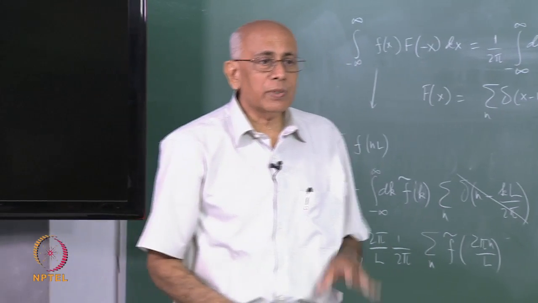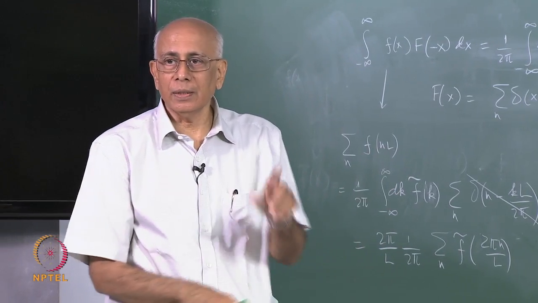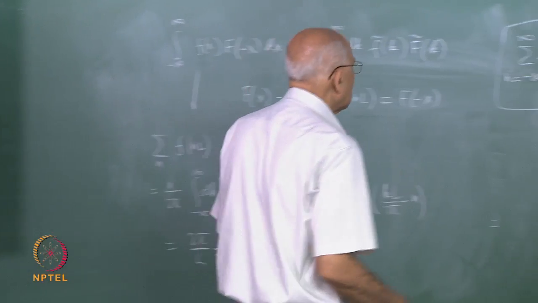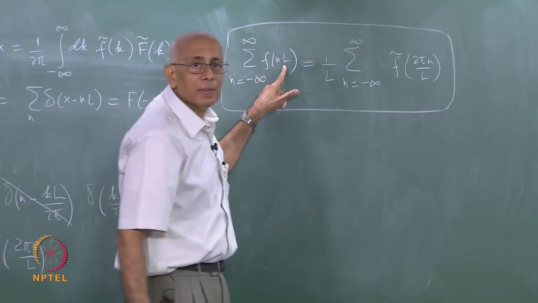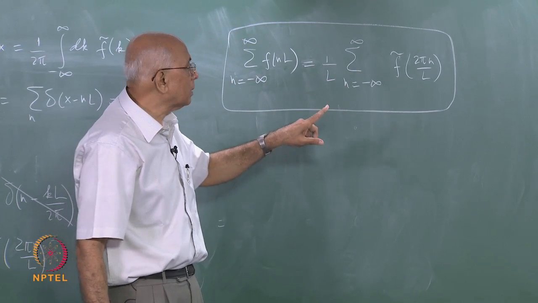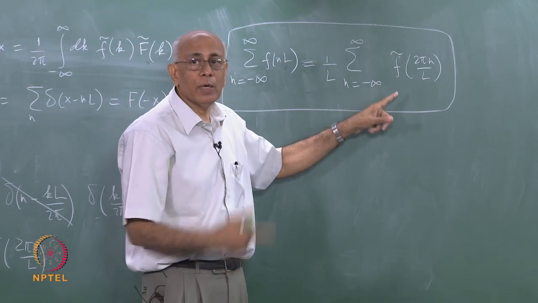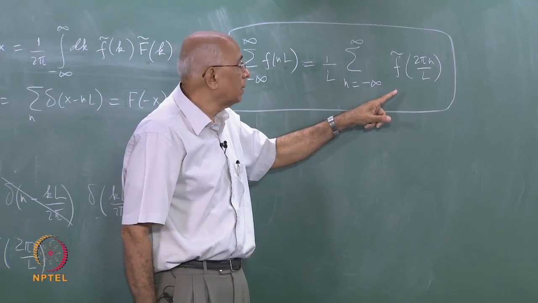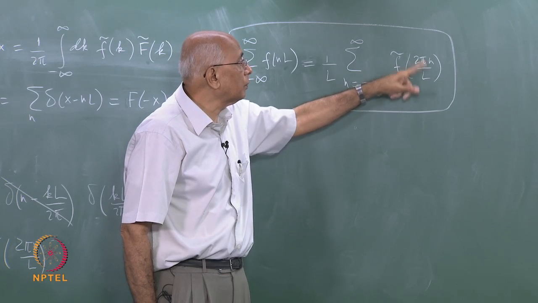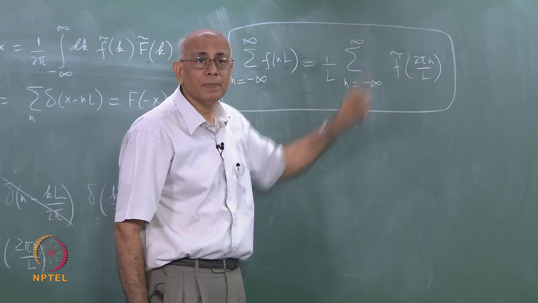So it says if you sample a function at all the integer multiples of some constant L, you get the same thing as what you get if you sample its Fourier transform at integer multiples of 2 pi over L.